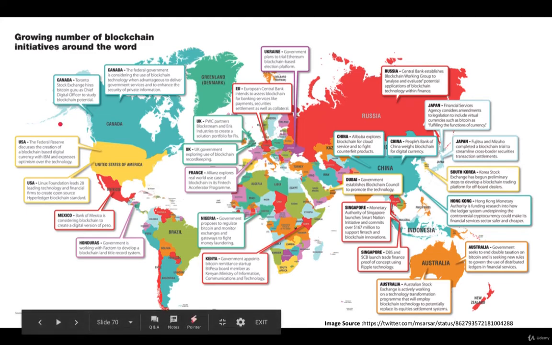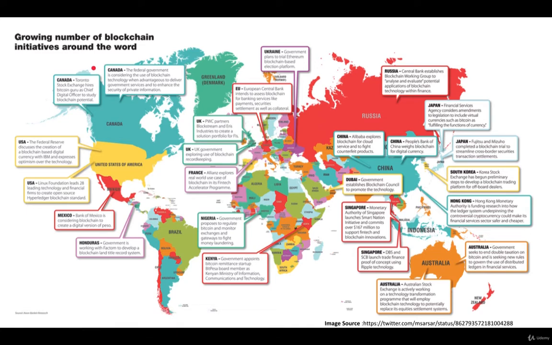On the top left, we start with Canada, where the federal government is considering the use of blockchain technology to deliver government services and enhance the security of private information. There's another example in Canada, that is the Stock Exchange, which is hiring a Bitcoin guru as a chief digital officer to study the potential of blockchain in the stock exchange field.